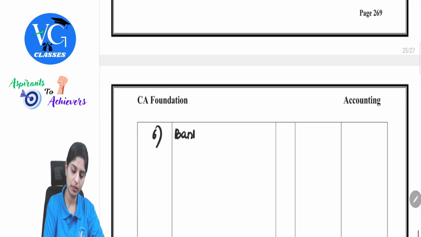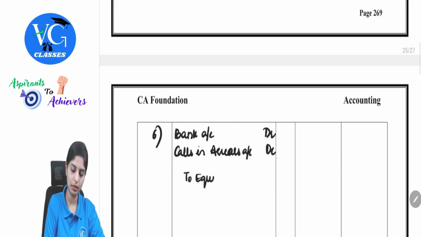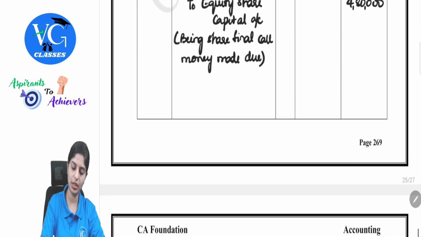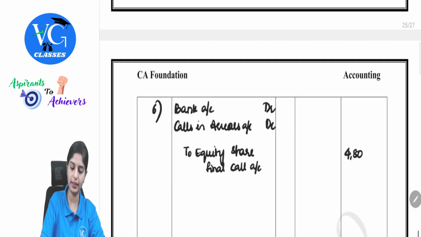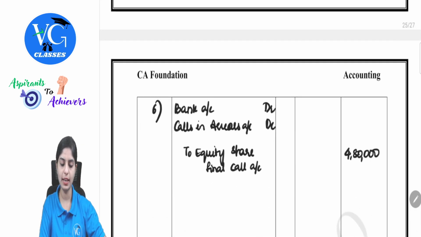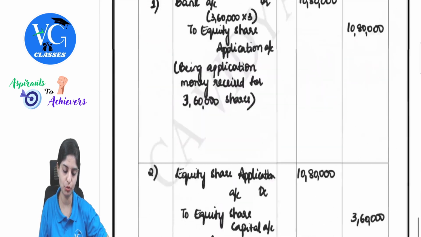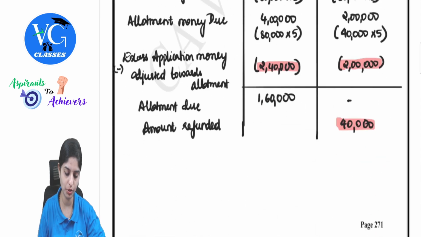Bank account debit, calls in arrears account debit, because that is in the nature of receivable, to equity share final call account. How much? 1,20,000 shares into 4, that will be 4,80,000. Now we have to be very careful here. They have given the number of shares applied for, which is 680. So let's do this as a working note.